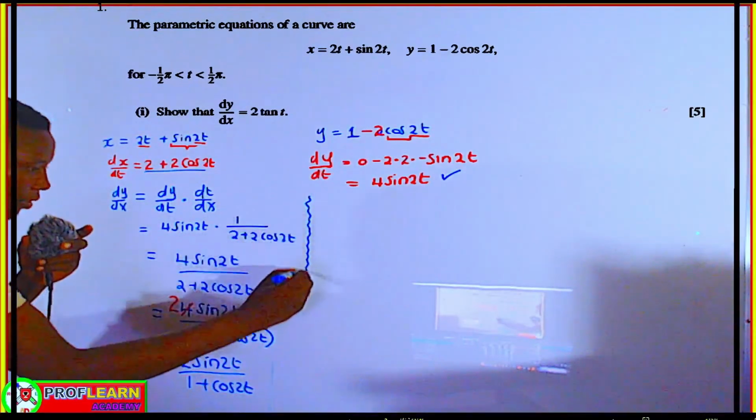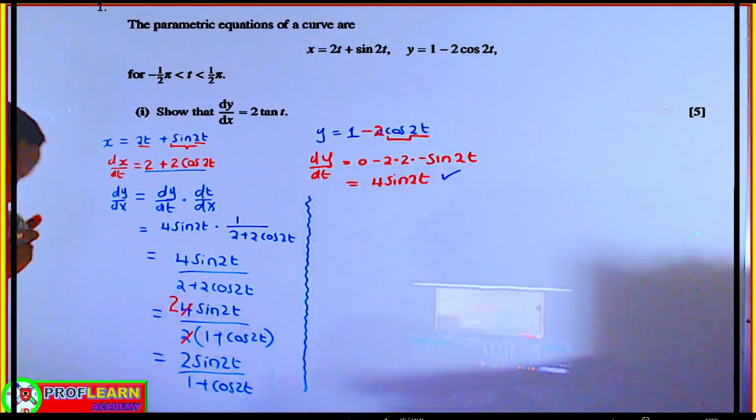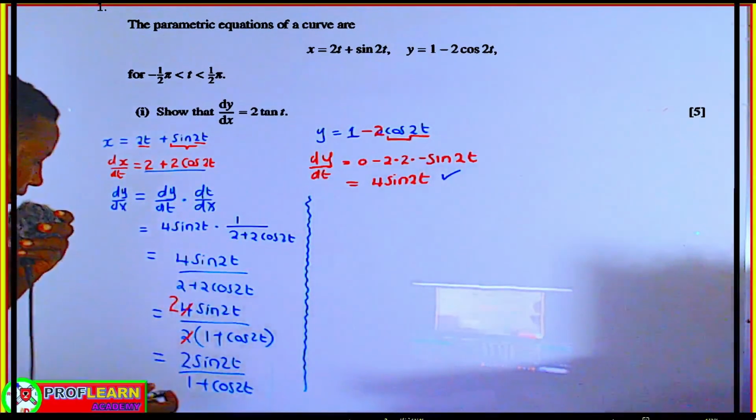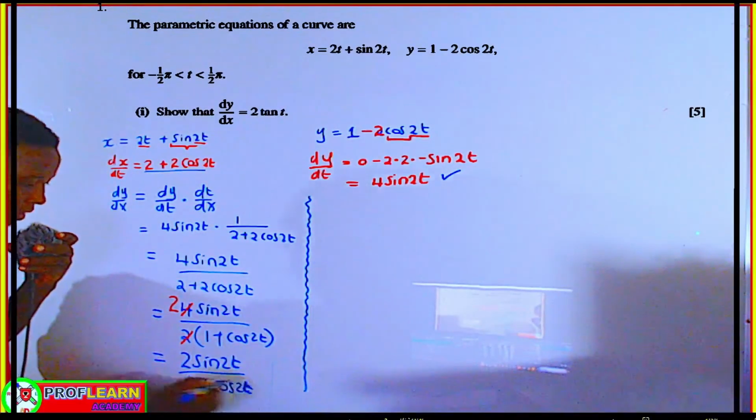Now since the question expects us to find the final answer as tan t, we are going to deal with these double angles that we have at this given point.